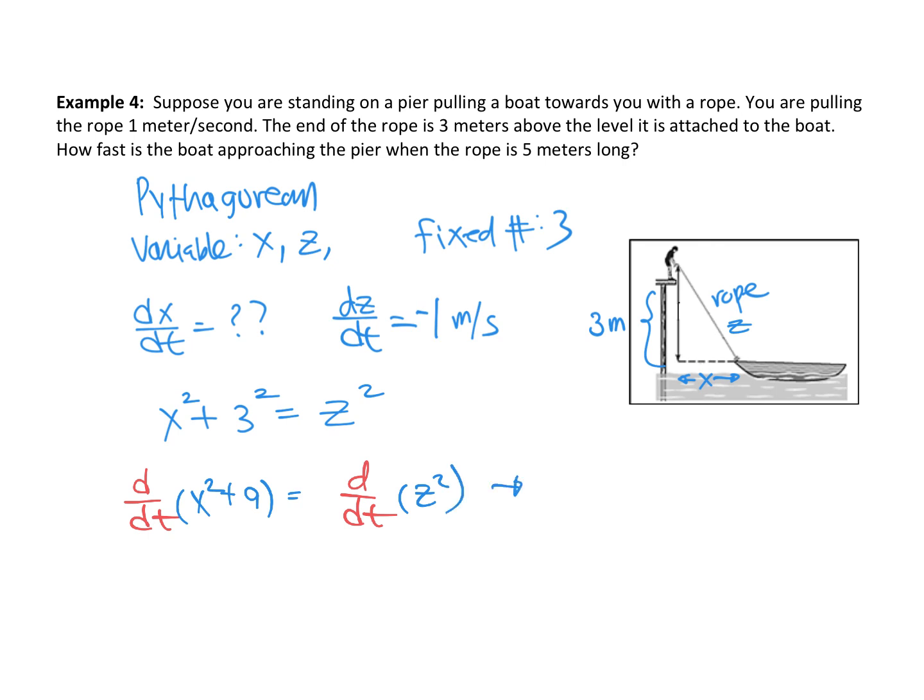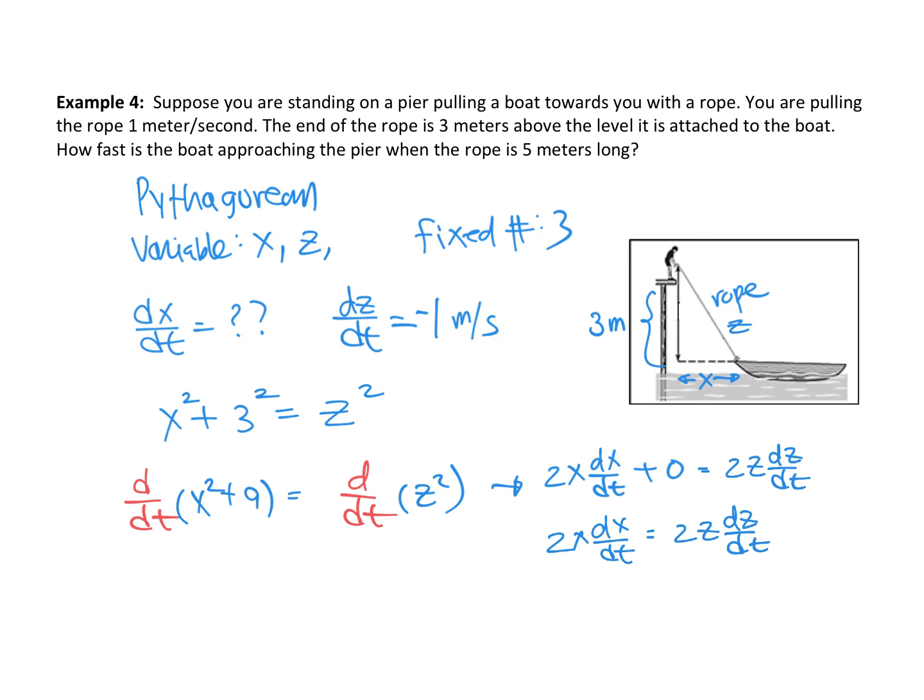From there, I can get 2x dx/dt plus 0. Again, when I take the derivative of a constant, you just get 0, is equal to 2z dz/dt. So 2x dx/dt is equal to 2z dz/dt.